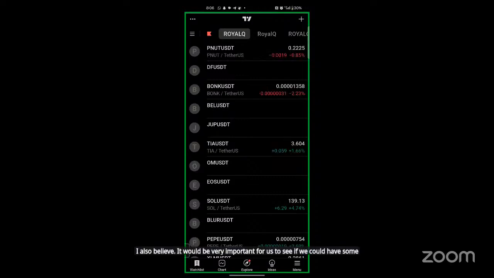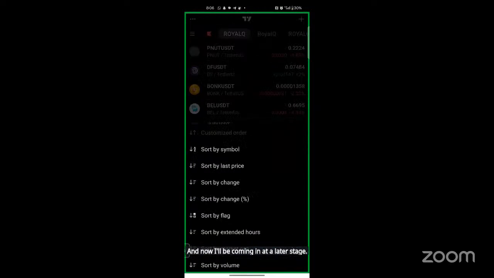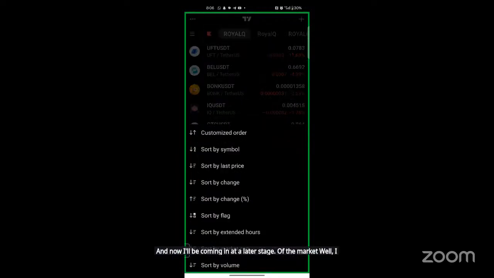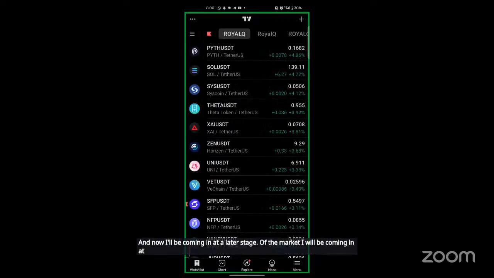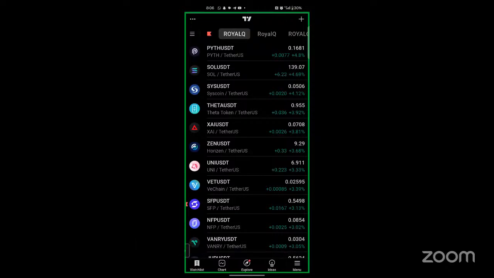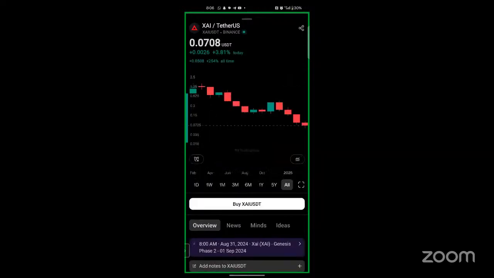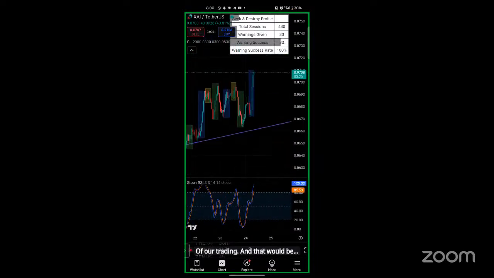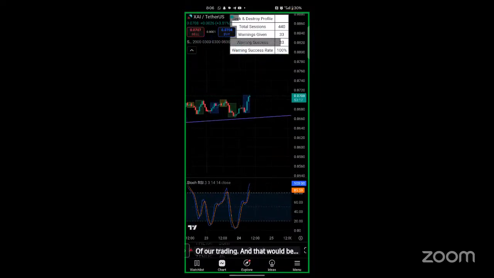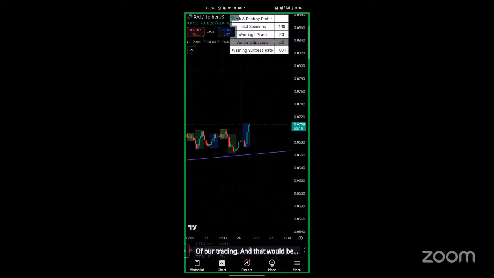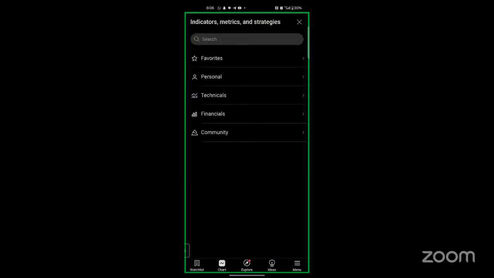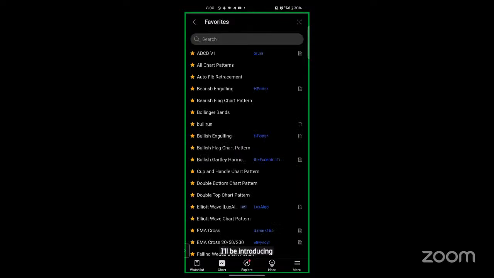I know I will be coming in at a later stage of the market, or I will be coming in at a certain period of our trading, and I'll be introducing different indicators to you.